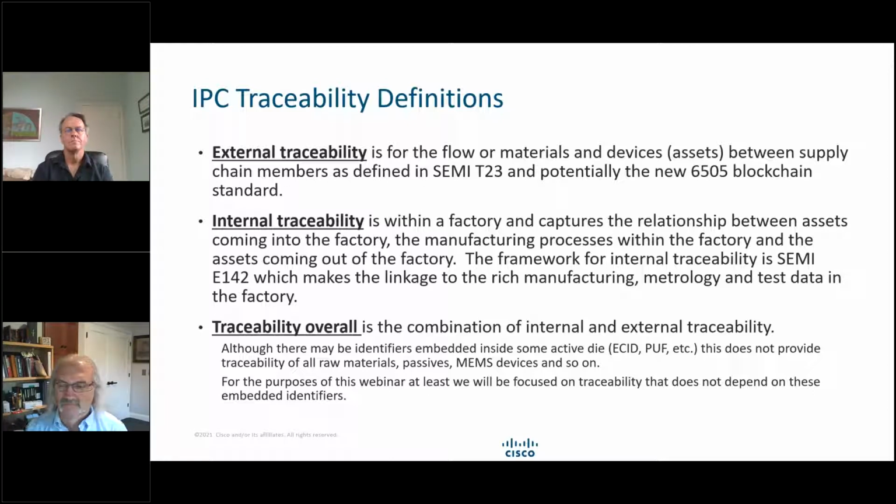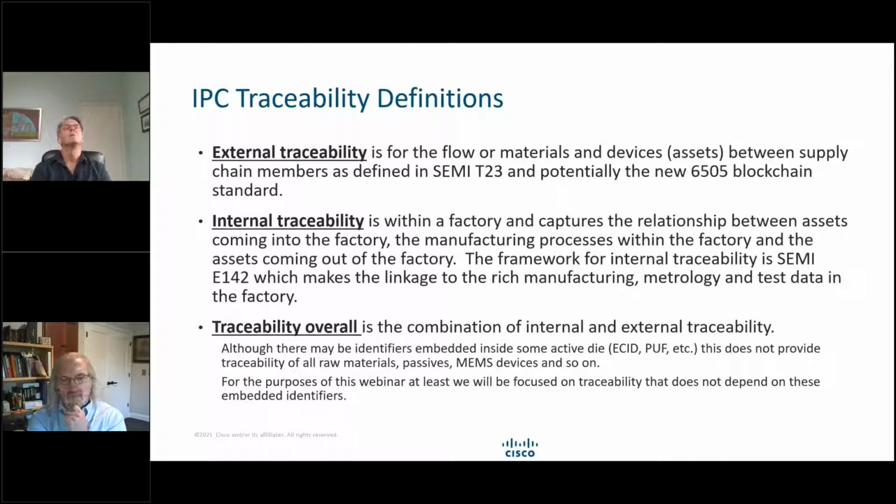Some of these might follow the SEMI E142 standard that links a lot of the manufacturing data, metrology, and test data that is going on in the factory. So traceability overall is a combination of this internal and external traceability. And as David mentioned at the beginning, it's not limited to things like ECID or PUF, electronic chip ID or PUF, which are unique identifiers that silicon parts can have.